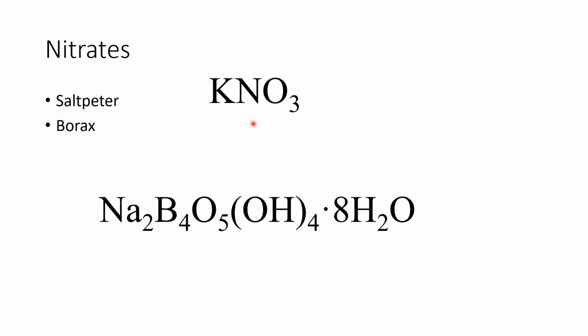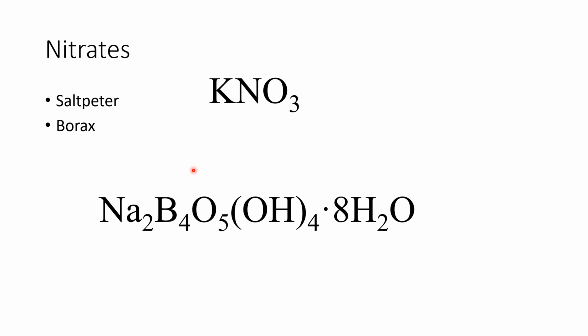I think this was replaced with an organic compound at this point, but this was the original. So potassium salted with NO3, which is a polyatomic anion with a -1 charge on it, nitrate. So that makes a nitrate.